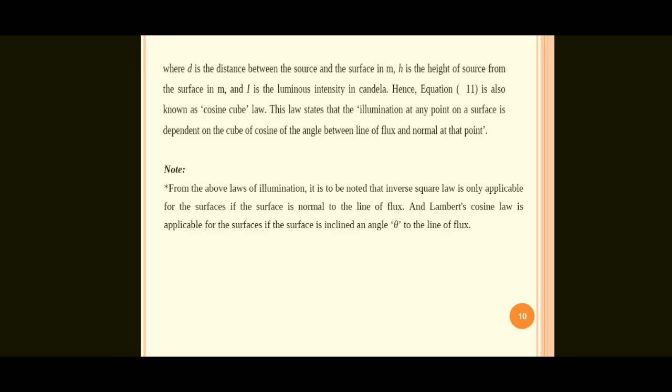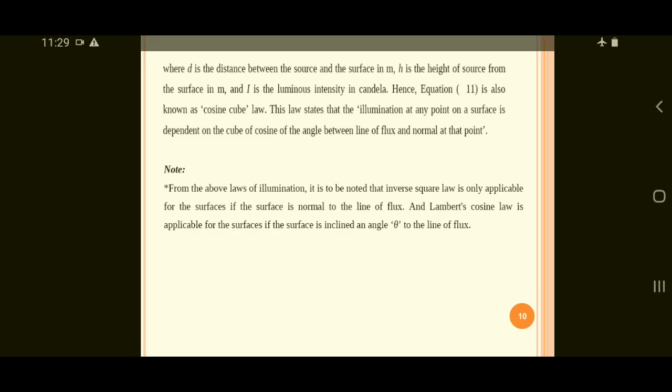Now from the above laws of illumination, it is to be noted that the inverse square law is only applicable for surfaces if the surface is normal to the line of flux, and Lambert's cosine law is applicable for surfaces if the surface is inclined at an angle theta to the line of flux.